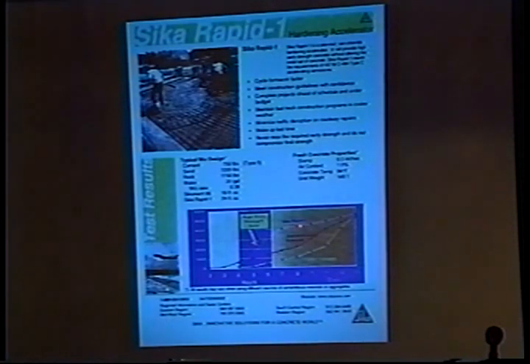And with this rapid hardening admixture, they're up about 4,000 psi in 8 hours. Okay, and typically within about 6 hours, we've found in pavement repairs you can get it open to traffic. You usually have enough strength. So another interesting product.